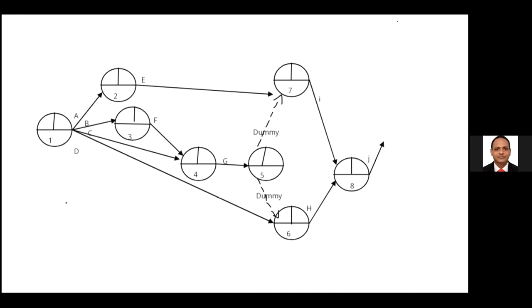Then after completing DG, we can start K. Event number 6 mentions the completion of DG, so we can start activity K. Next, for the L, we should complete JK.